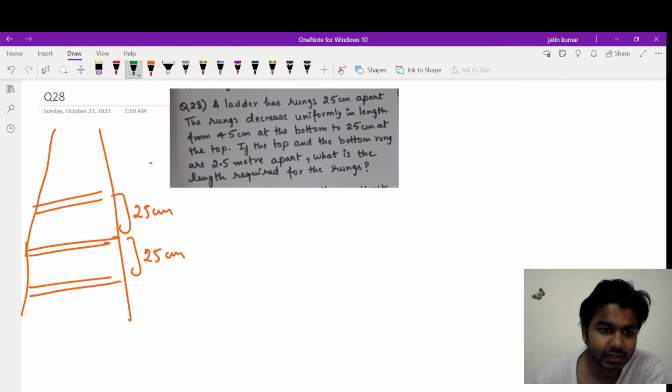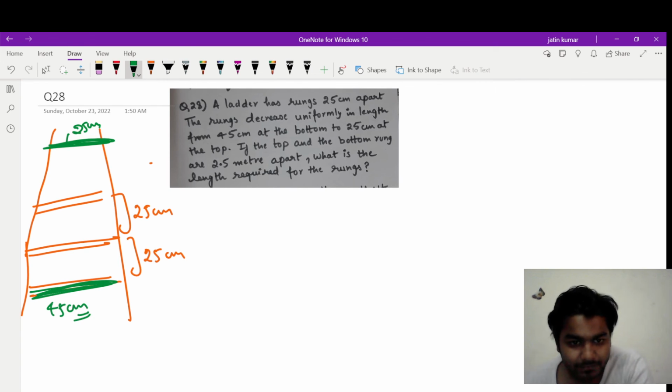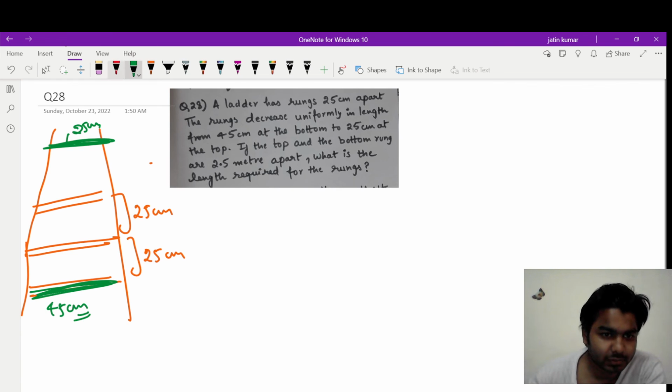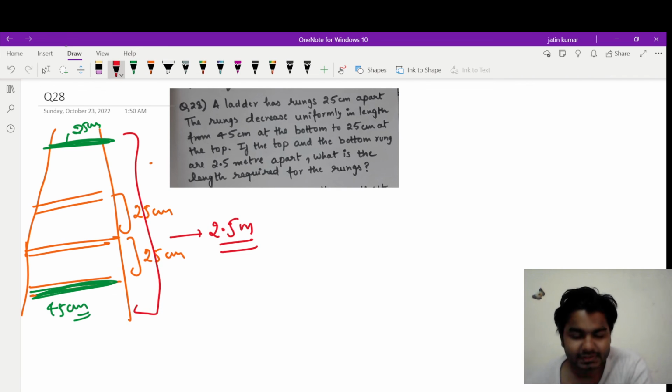So the length of the top rung is 25 centimeter and the length of the bottom rung is 45 centimeter, right? If the top and the bottom rung are 2.5 meter apart, what is the length required for the rungs?